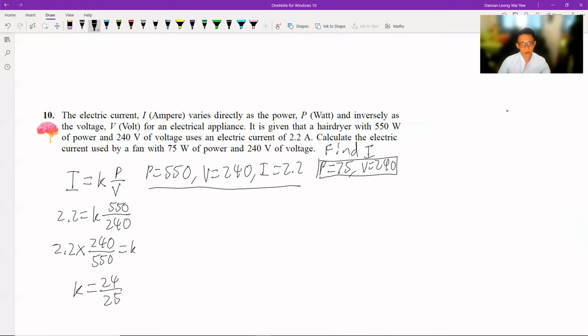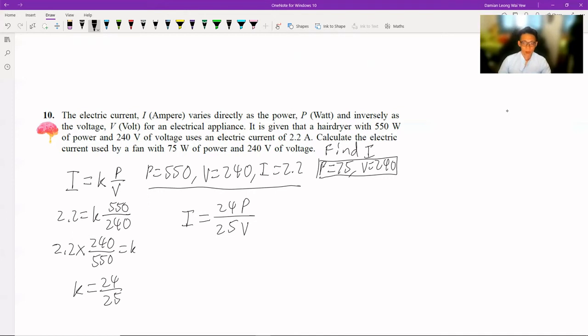Let's say I put fraction. Then I have I equals 24P over 25V. 24 over 25 times P over V means 24P over 25V.